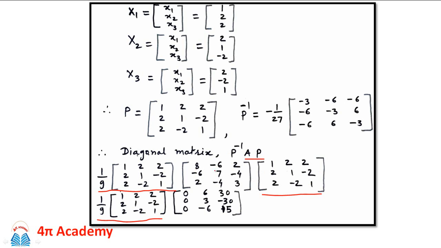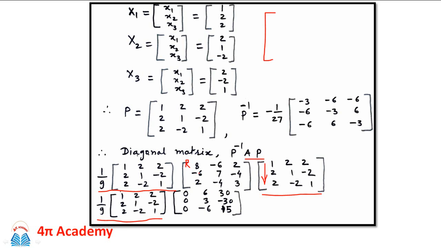When you know the process of matrix multiplication, you perform the operation row by column, and that will be your element. So let us do this calculation over here.